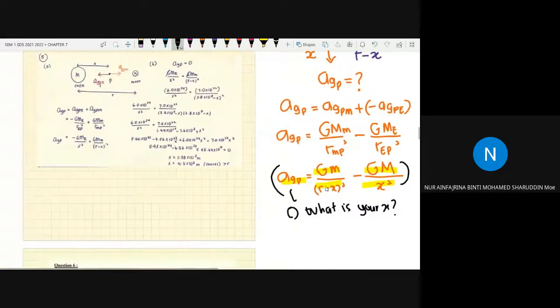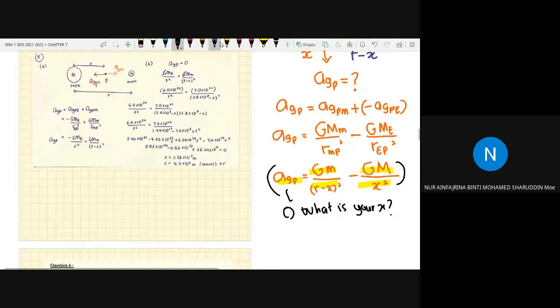So what we are going to do now adalah awak tahu kalau sini jadi kosong, bila awak susun equation dia, awak akan dapat Gm over R minus X squared equals to GM over X squared. Sebab ni kan negatif, ini kosong, awak bawa pergi belah sana, left hand side you will get positive. Now like I told you, benda sama kiri kanan boleh potong, so you can cancel your G.